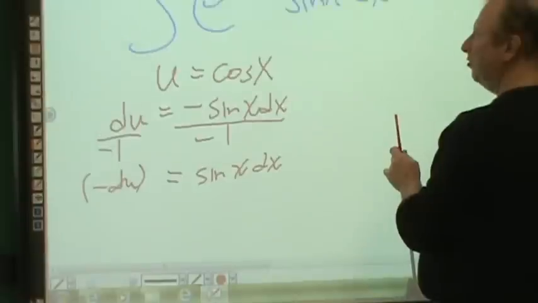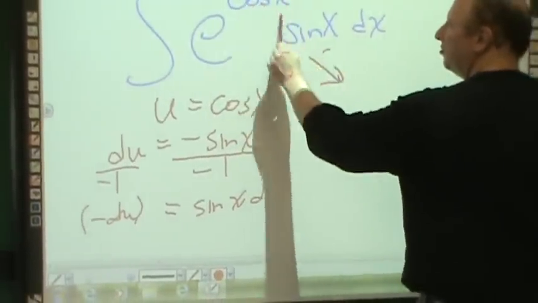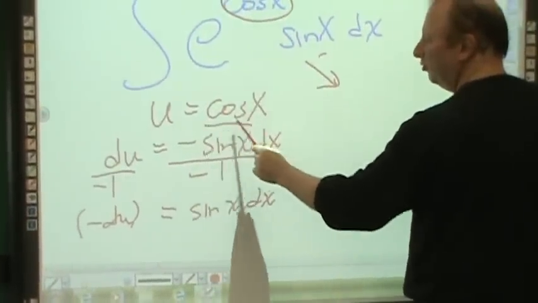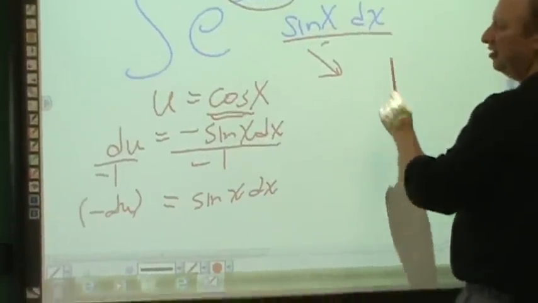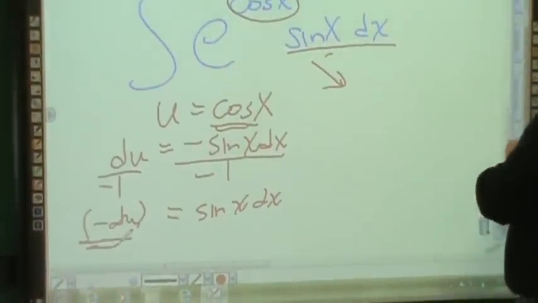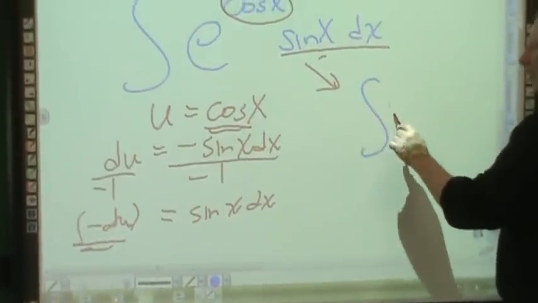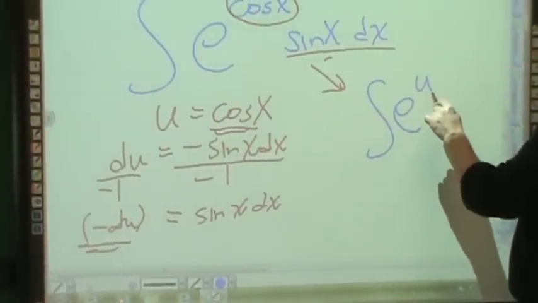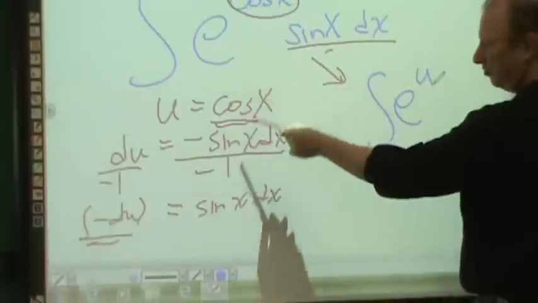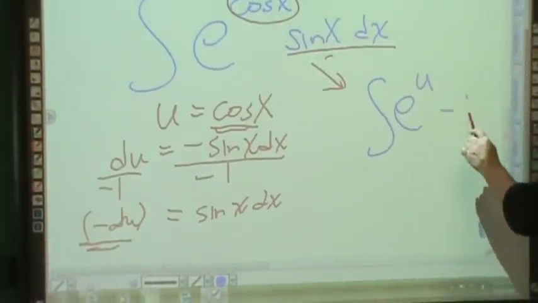Now let's go back to what I have right here. Do I know what cosine x is? Sure, u. Do I know what sine x dx is? Negative du. So now I'm going to work it out. e to the u, cosine x; sine x dx is negative du.